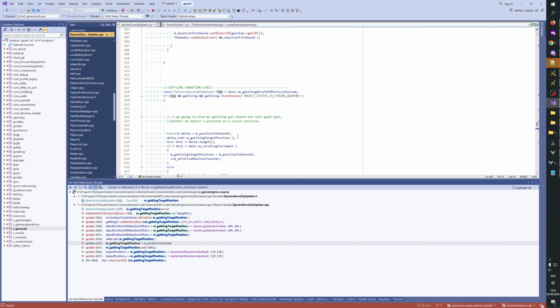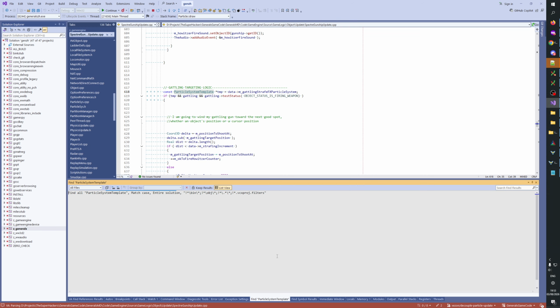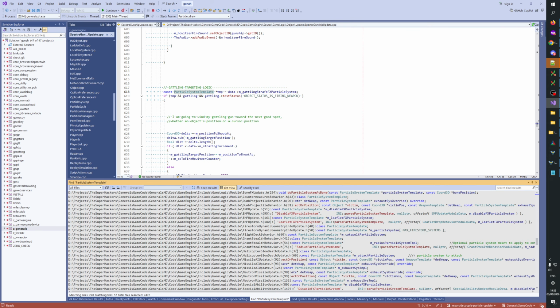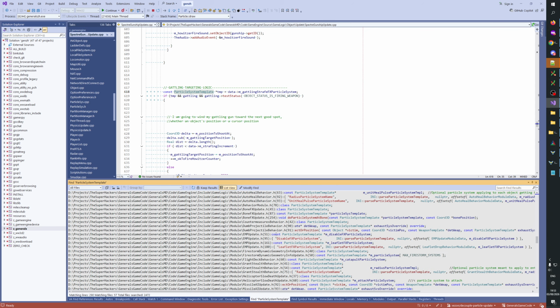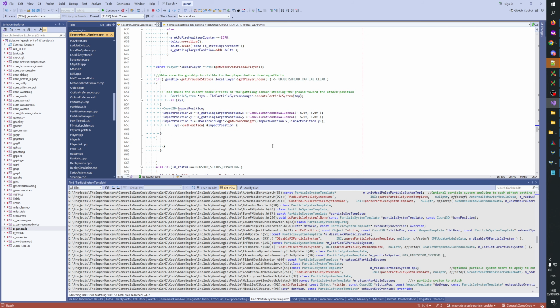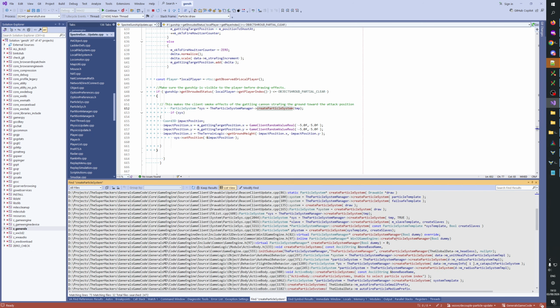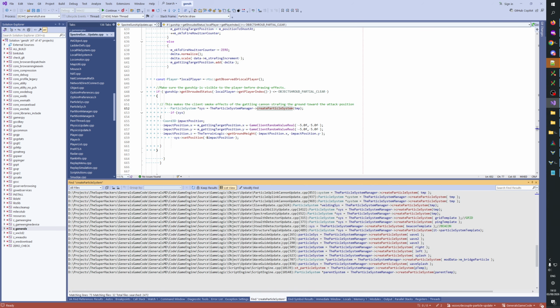Let me search for it. There were some other places where we fixed that same issue. Can't remember where it was, EMP update or so. Great particle system. There are not many of them.